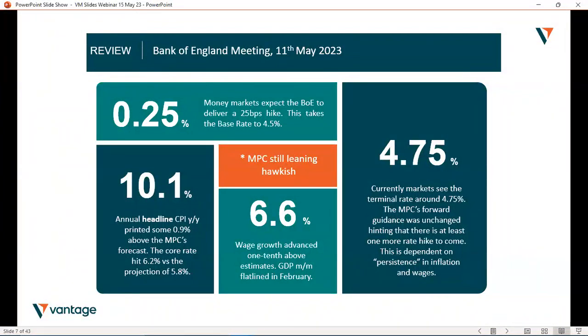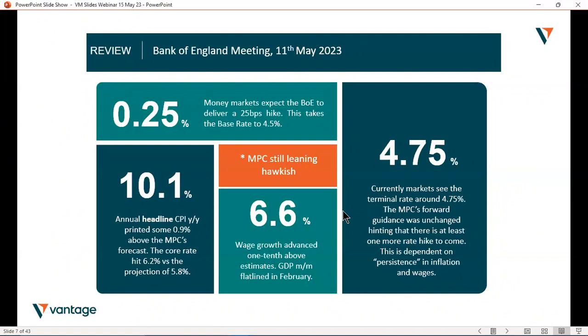Near-term inflation forecasts were adjusted higher for this year to 5% from 4% previously. But interestingly, inflation in 2025 is seen materially below the MPC's 2% target at just 1%. So something to bear in mind further out for sure. Growth projections were also revised higher with the recession forecast removed, while the unemployment rate will be lower for longer.